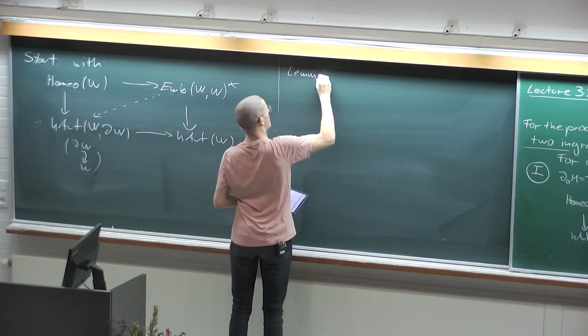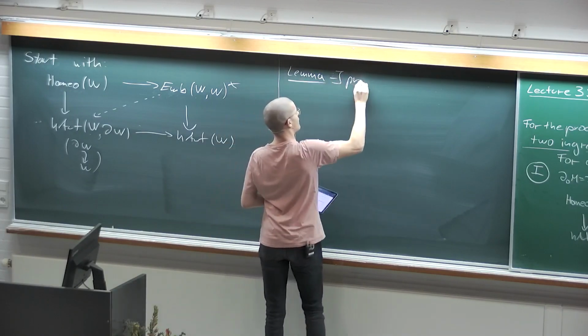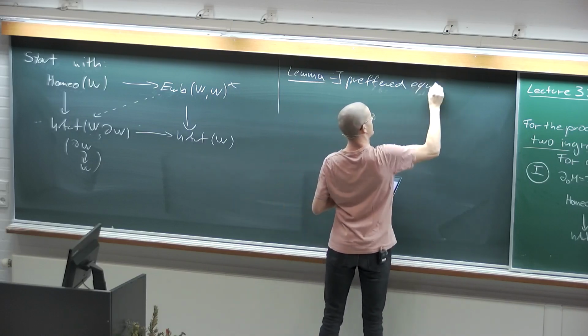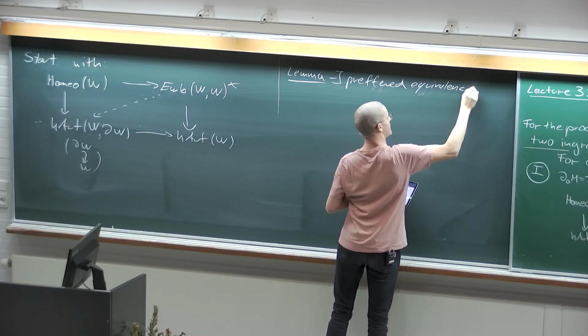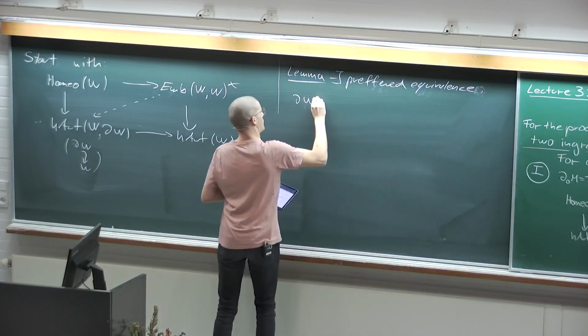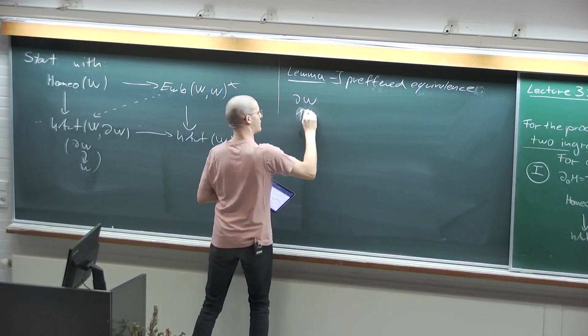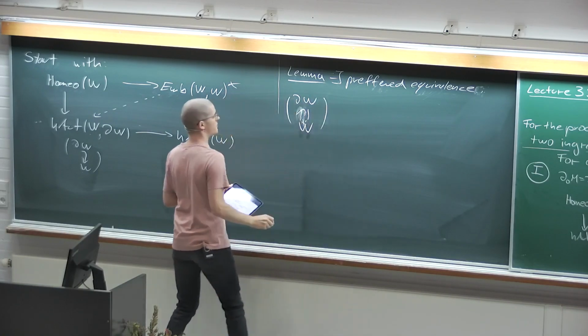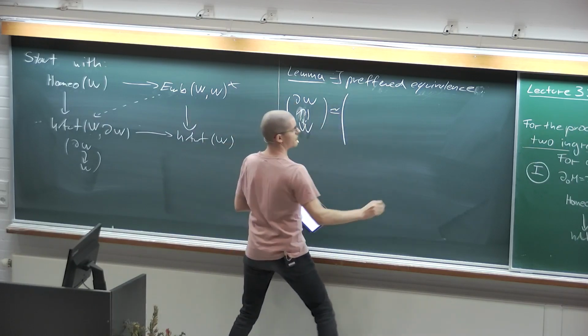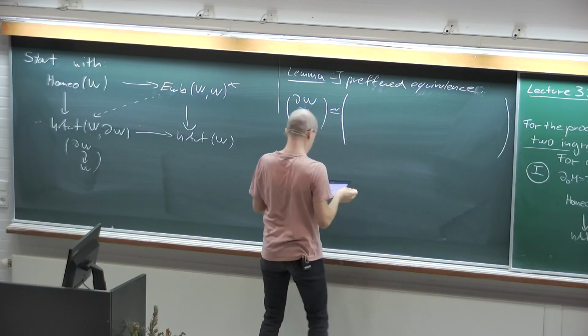This is the following lemma, which is an elementary lemma that I'm going to pose as an exercise, at least one part of it. I can write the inclusion of the boundary into W up to homotopy as the following map of spaces.